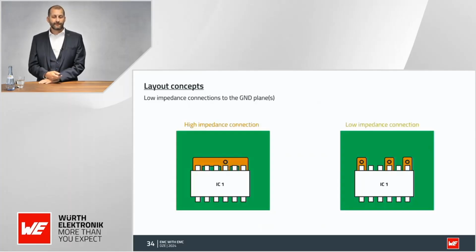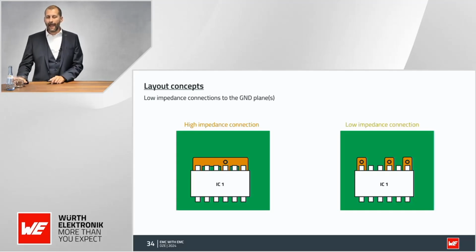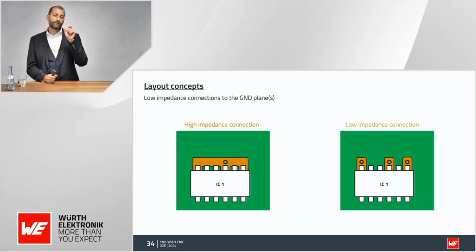The next thing, and that's most often the trickier one, is high impedance connections. Every trace on your PCB is an inductor. Even though it has no windings, it has a certain amount of inductance. And by that, it's a frequency-dependent component.